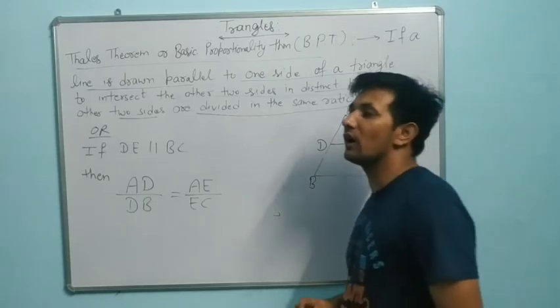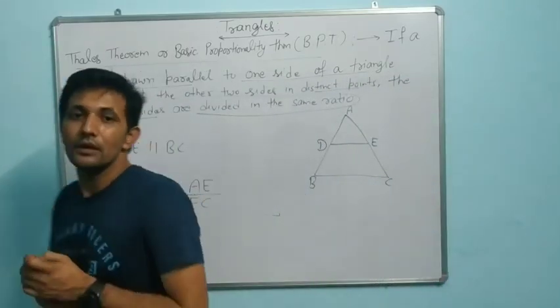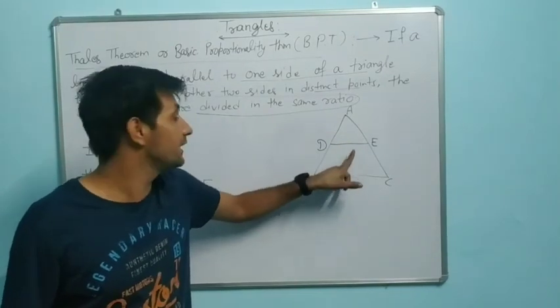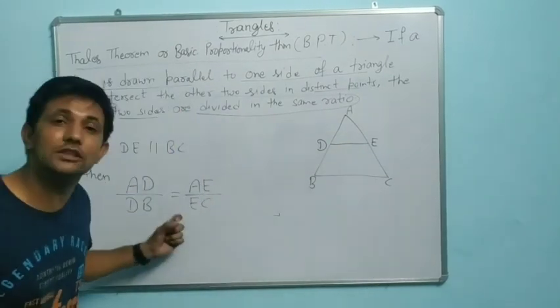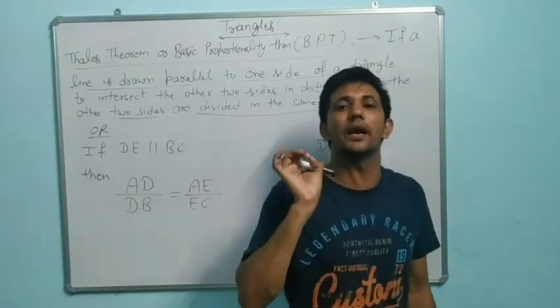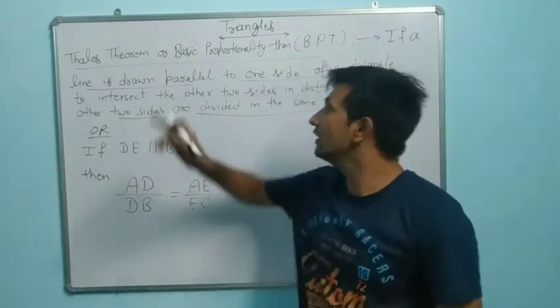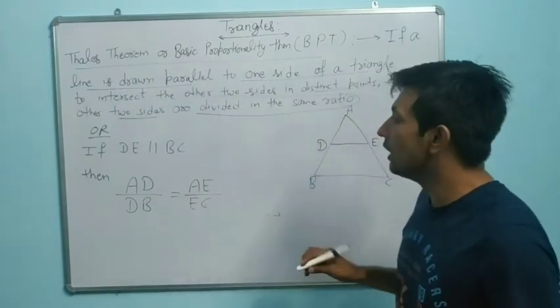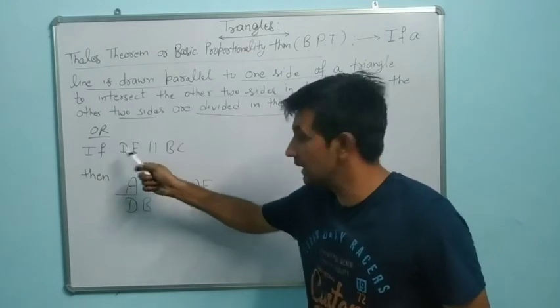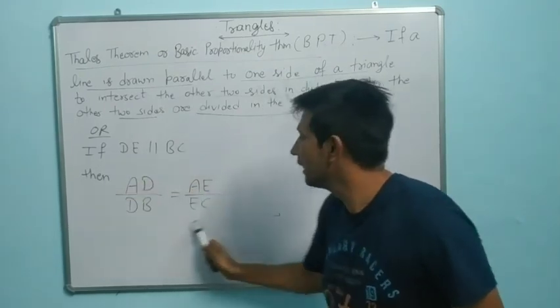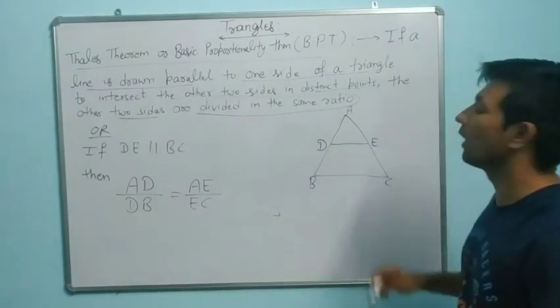So only one thing you have to remember in the question dear. If a line is parallel in a triangle, then the ratios are always equal. Anywhere you see the words a line is parallel, we will use Thales theorem. It is very important. If a line is parallel, then the ratio is always equal.